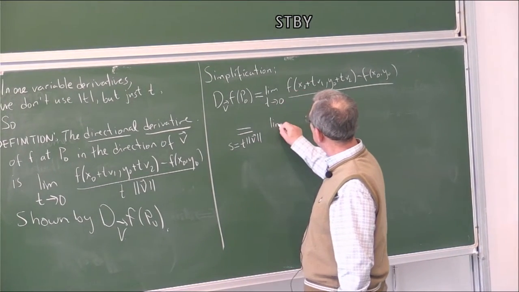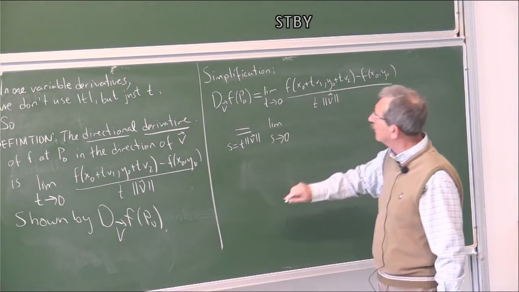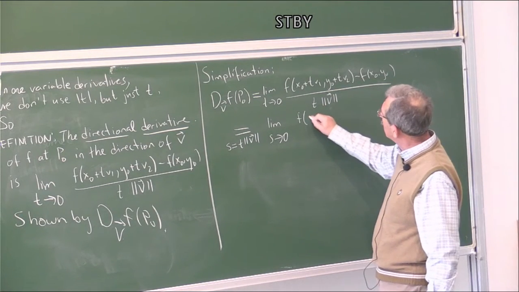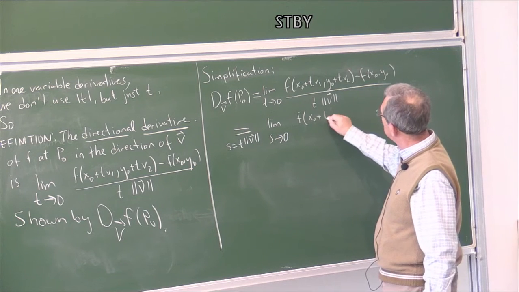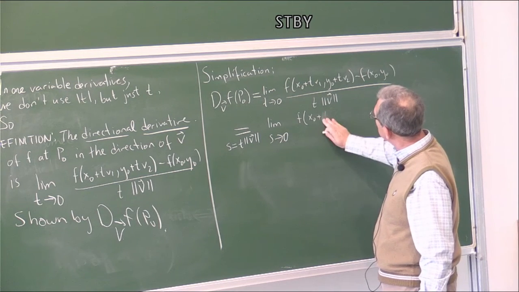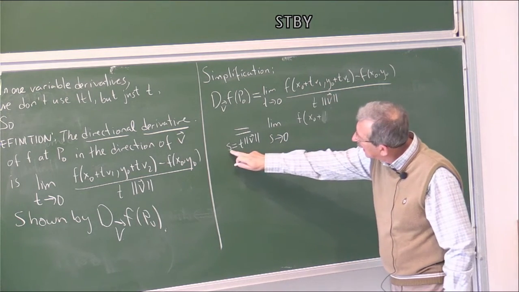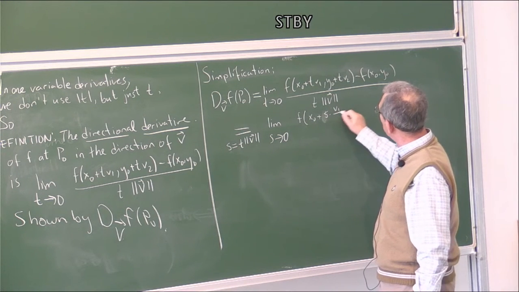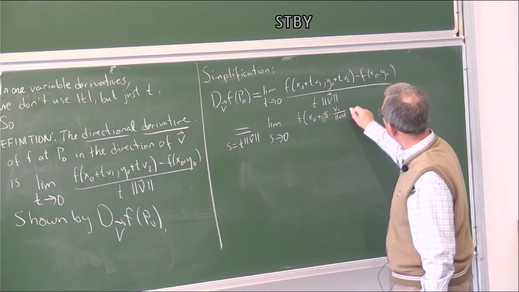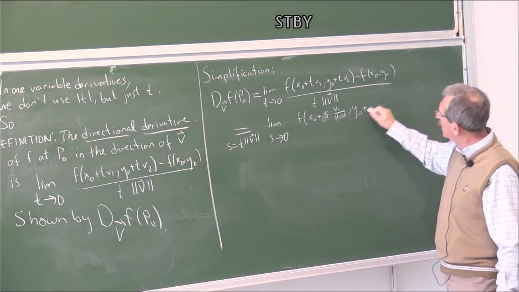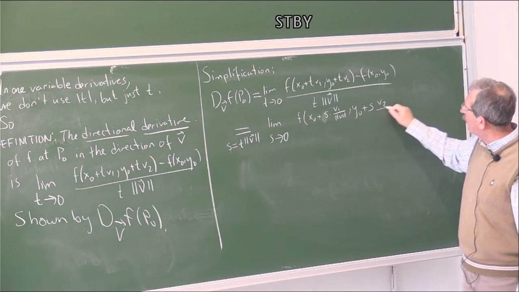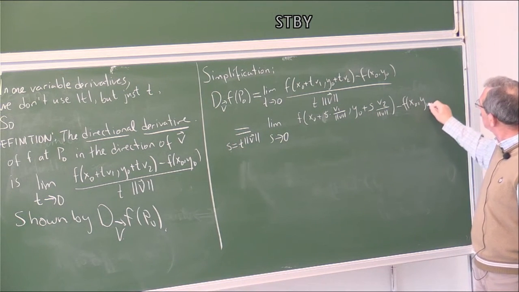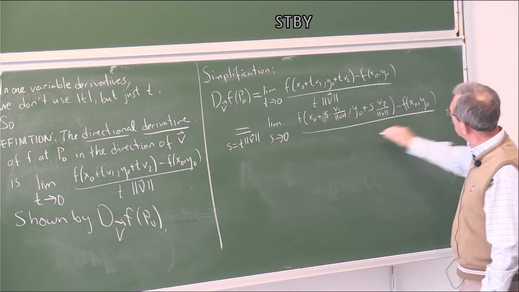Then, of course, S goes to 0, because if t goes to 0, so does S. This is f of x0 plus t v1. Well, t is S divided by length v, so it is S v1 over length v, y0 plus S v2 over length v, minus f x0 y0 divided by S.